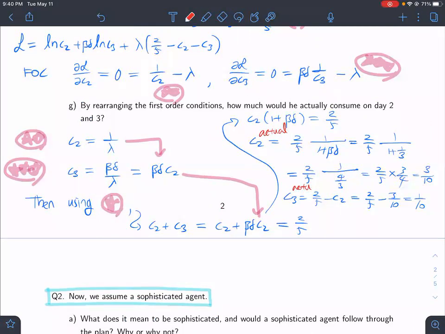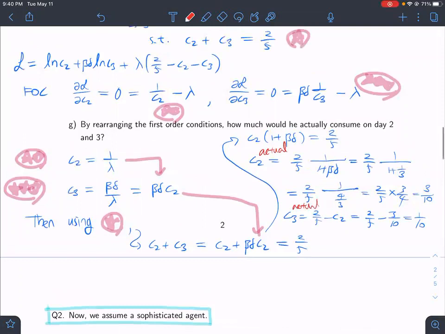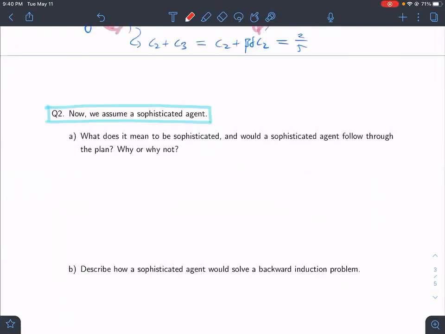Any questions? Okay, now we use a sophisticated agent. Slightly difficult, but maybe this can be much easier. So we are using a sophisticated agent. How do we solve this?